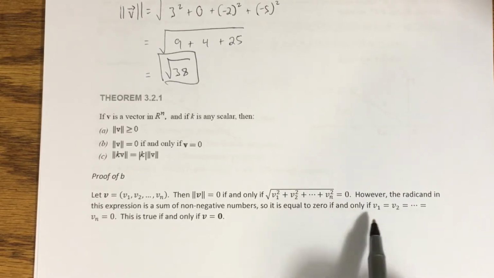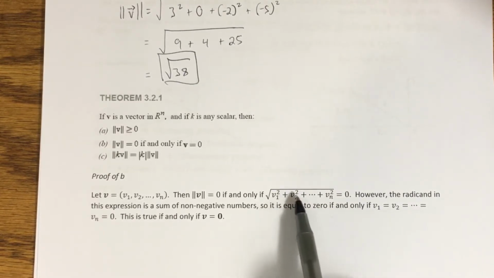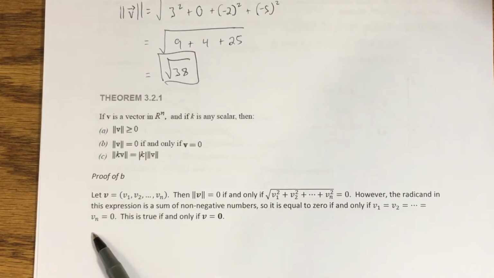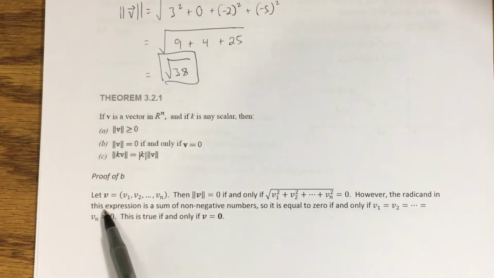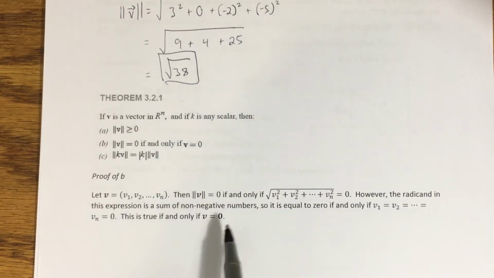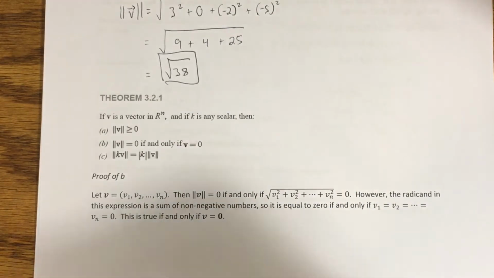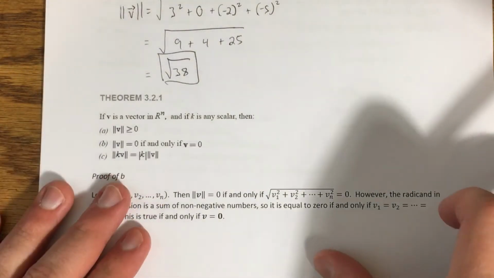So that can only be true if and only if each of these, V1 through Vn, are equal to 0. But what does that mean if all of these components are equal to 0? Well, that can be the case if and only if V is the 0 vector. So every step of the way had an if and only if joining one step to the next, which means I don't have to do this in two different directions. Okay.